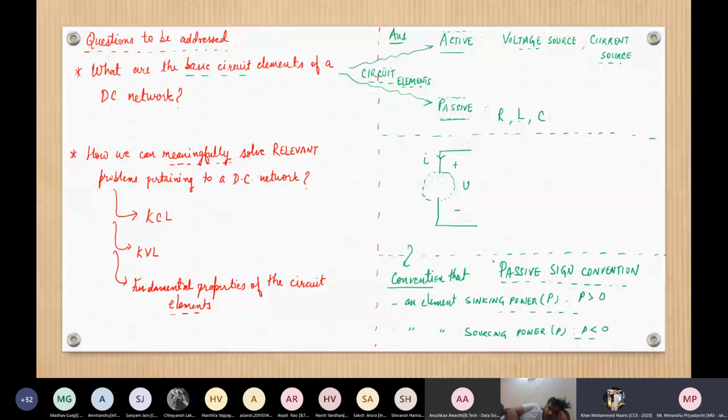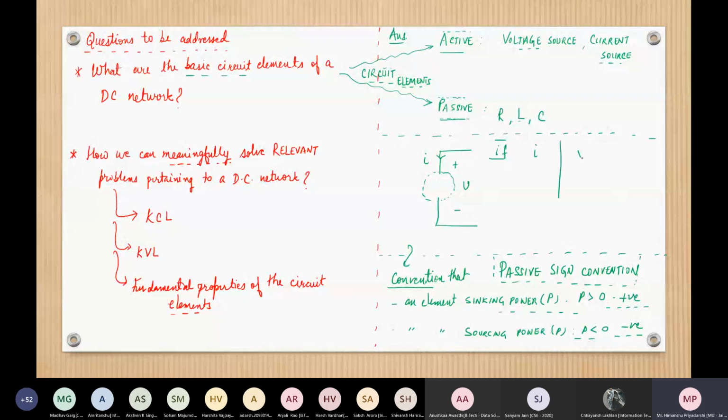And any element which is sinking power is said to be passive, and any element which is sourcing power is said to be active. Why is this called passive sign convention? Because you are giving positive sign for power being sunk, and you are giving negative sign for power being sourced. So if you see this, if I is positive, what are the four possibilities?